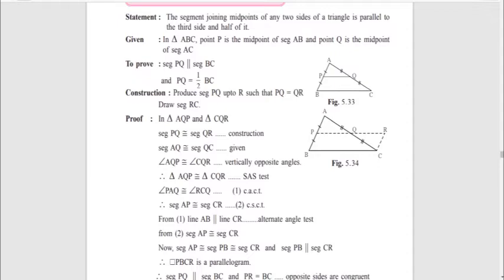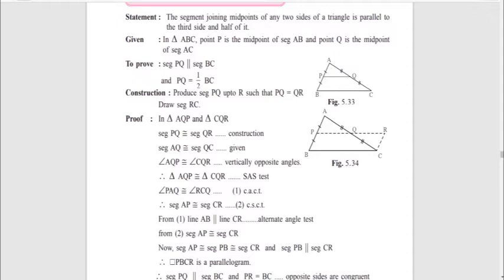Now from equation 2, that is segment AP is congruent to segment CR. Now segment AP is congruent to segment PB. Look at the figure, because P is the midpoint of segment AB, and it is congruent to segment CR, and segment PB is parallel to segment CR.